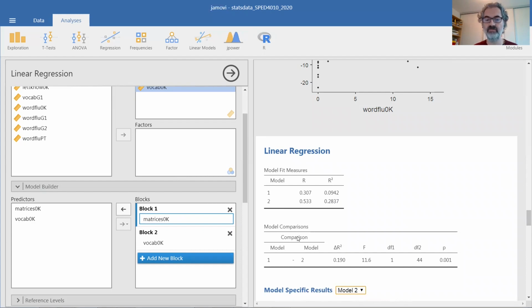And we see that the difference between model 1 and model 2 is a difference in R squared of 0.19. So 19% extra variance in the dependent variable is accounted for by going on to the second step. The second compared to the first adds 19% of variance accounted for.